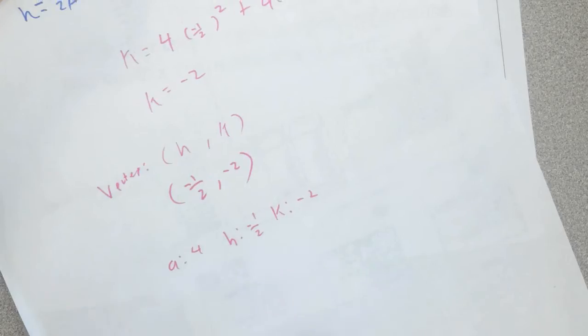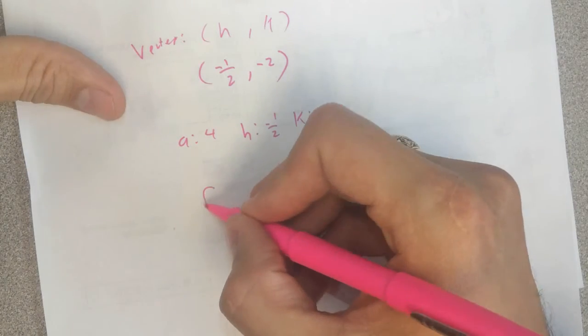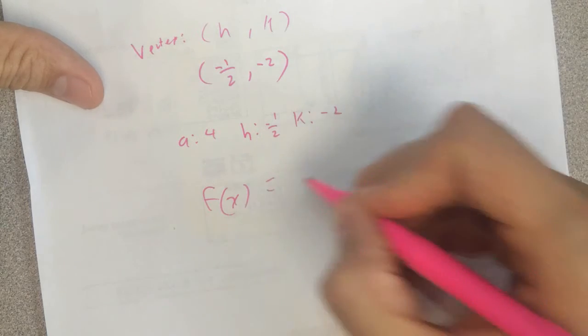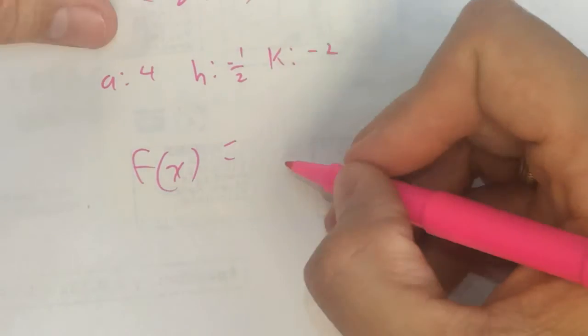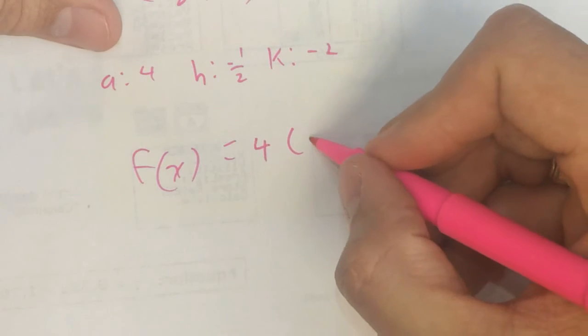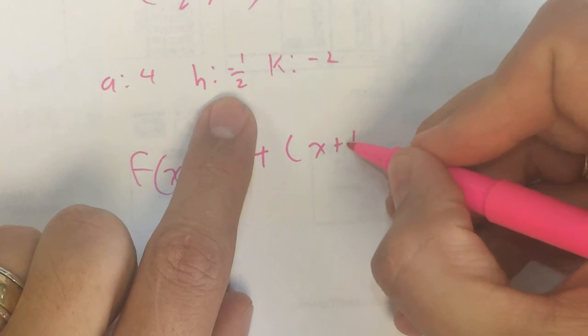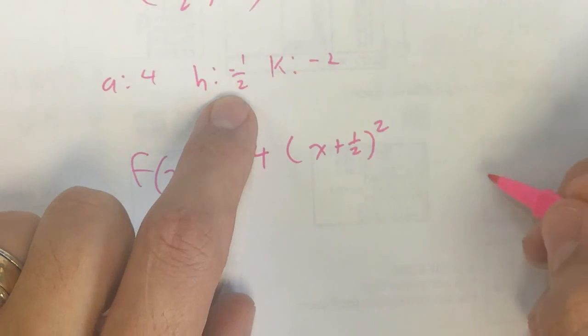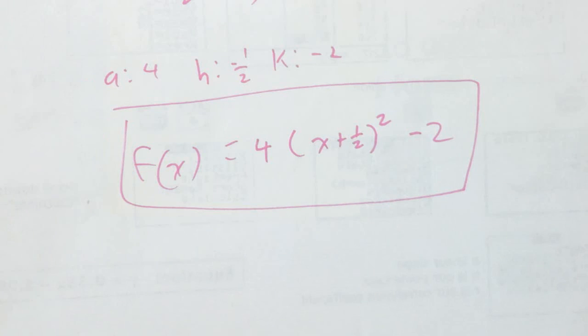Let's simply go ahead and fill that in. F of x is equal to, A is 4. It says x minus h, so that's going to be plus 1/2 squared minus 2. All done for us.